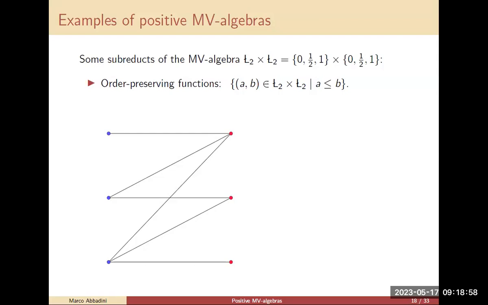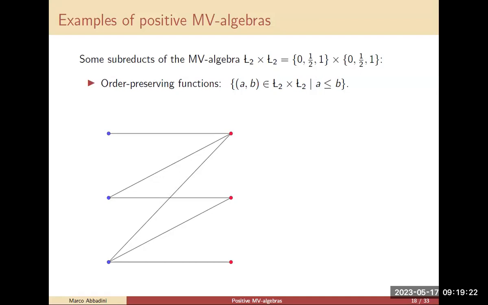So if I take the pairs (a, b) such that a is less or equal than b, this is a positive MV-algebra. And essentially these are the order preserving functions from a poset of two elements, the two-element chain, to L2.